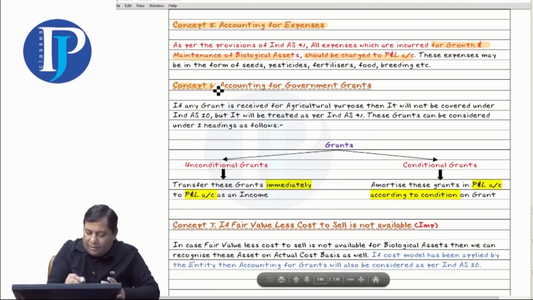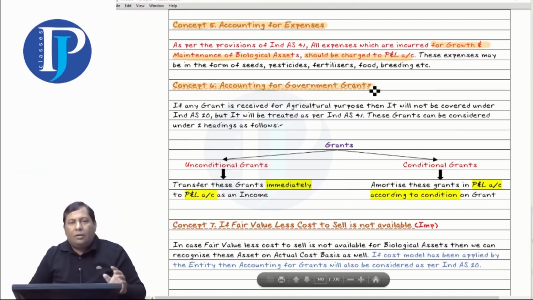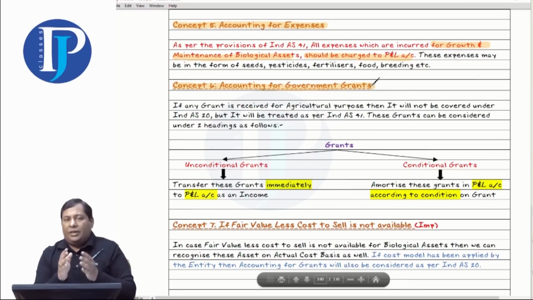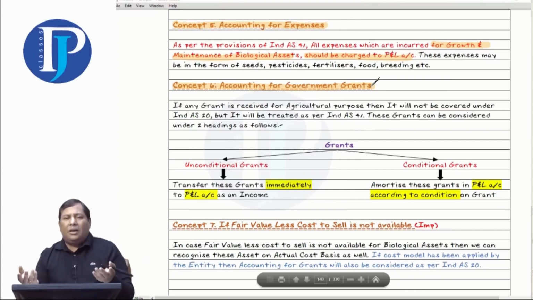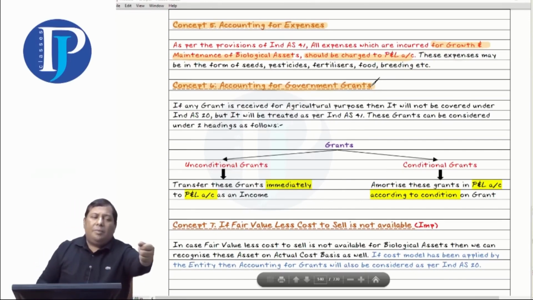Then we spoke about grants. Ind AS 20 applies to grants. But if a grant is related to agricultural activities, it falls under Ind AS 41. There are two types of grants, conditional and unconditional. If your grant is unconditional, without any condition the government has given you, you enter it in P&L.